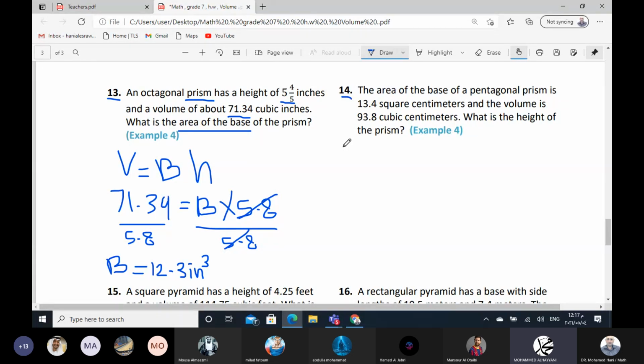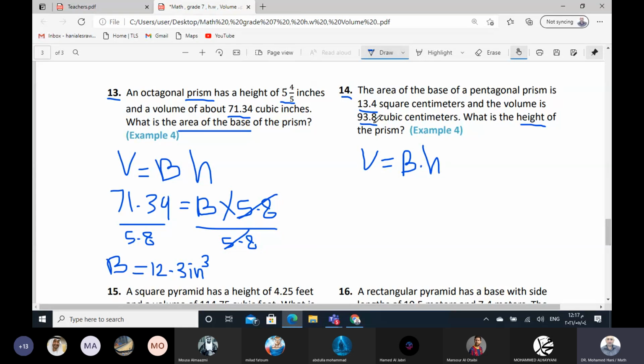What is the height of the prism? Thank you. So we have the volume and we have the area of the base and we want to find the height. And the figure will be a prism. So start from the formula. V equal the area of the base times the height.